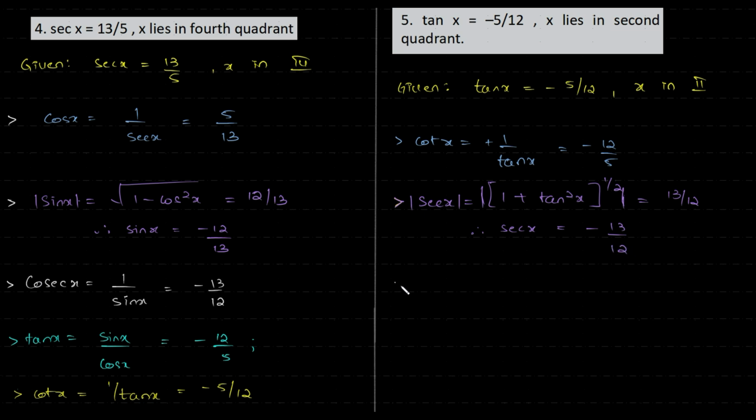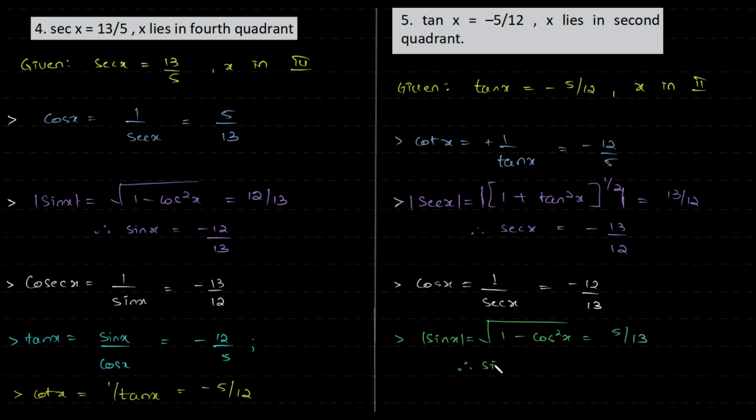And so we have cos x, which is minus 12 by 13, and at last we have sin x, which in terms of magnitude is the square root of 1 minus cos square x. So this will be how much? 5 by 13, right? Yeah, makes sense.